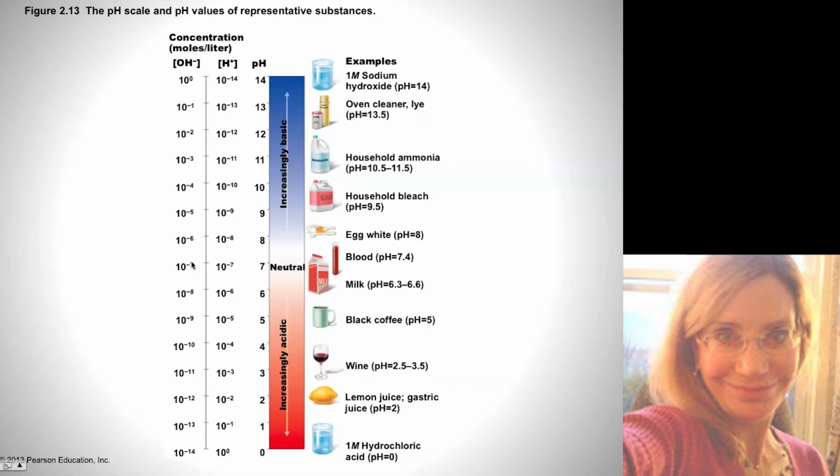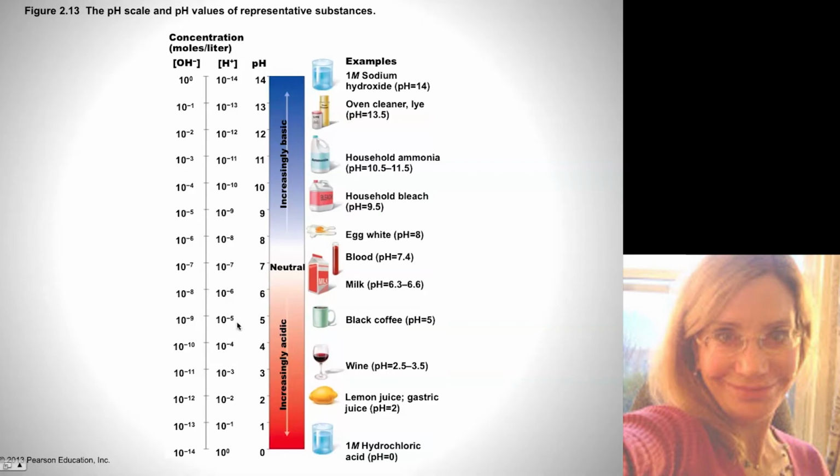Now, if we put some excess hydrogen ion into this water, now it becomes a solution. The more hydrogen ion we add, the lower the number on the pH scale. So actually these numbers, as you see, minus 7, minus 6, minus 5, are getting closer to 1.